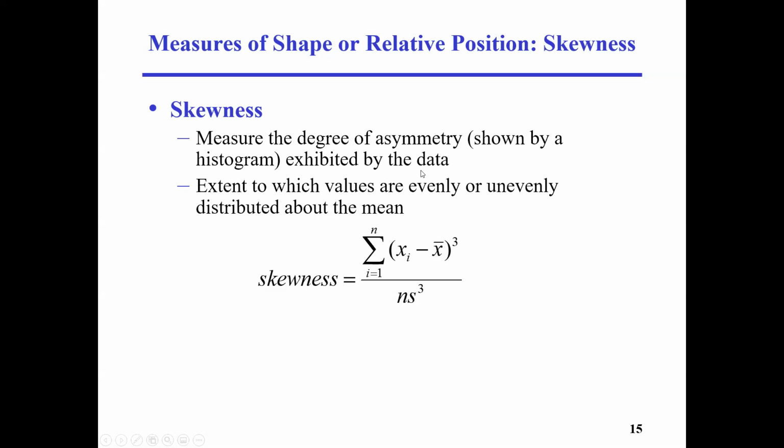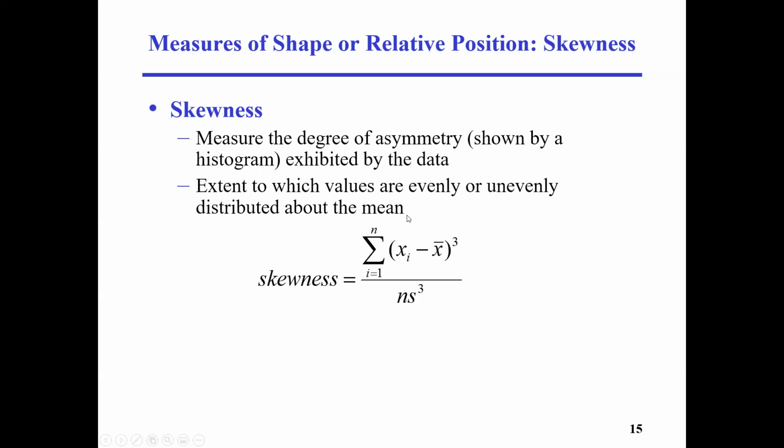For any data set, you can always draw a histogram for it. The horizontal axis is the specific value of your observations in this data set. The vertical axis is the frequency of each possible value of your observations. It's very straightforward.